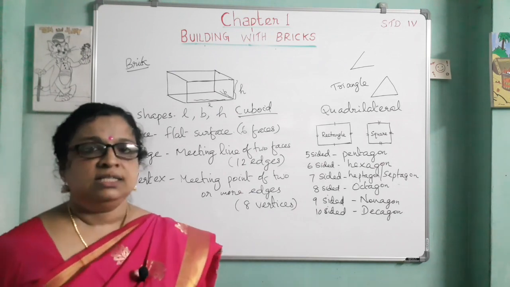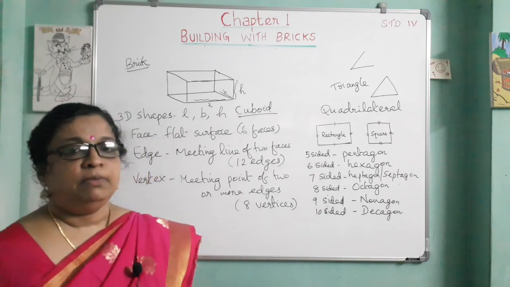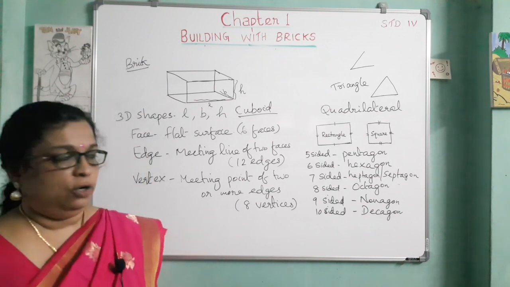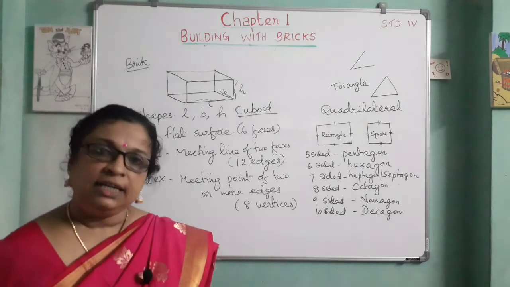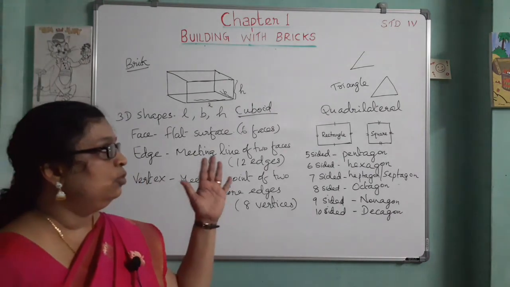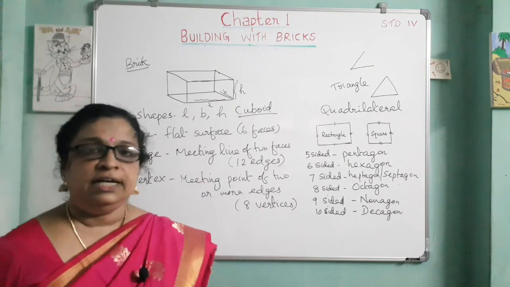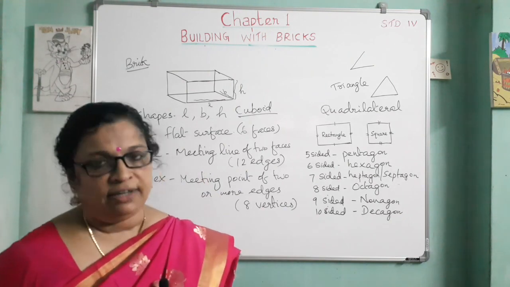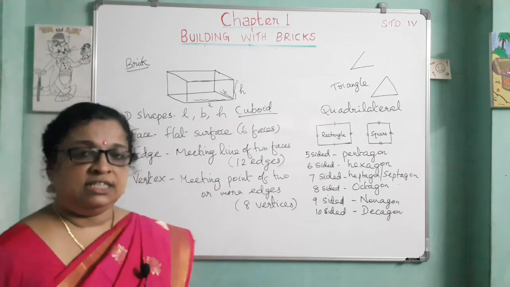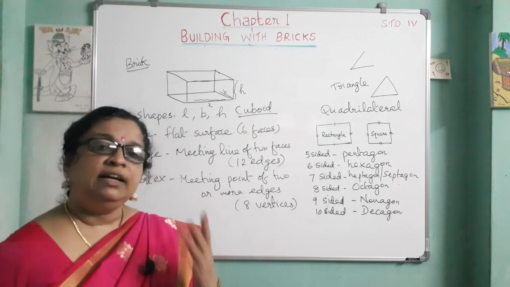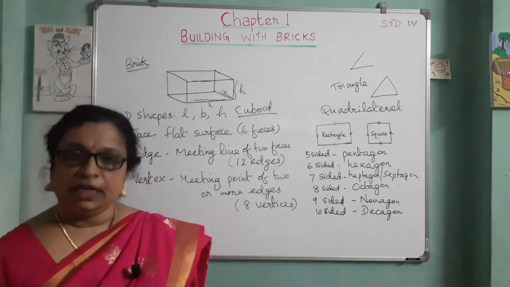Let us revise. A polygon is a simple closed curve made up of line segments. The smallest polygon is the triangle, and we know the triangle has 3 sides. Next, a 4-sided polygon is called a quadrilateral. Here we study rectangle and square. Both have 4 sides. In a rectangle, opposite sides are equal.